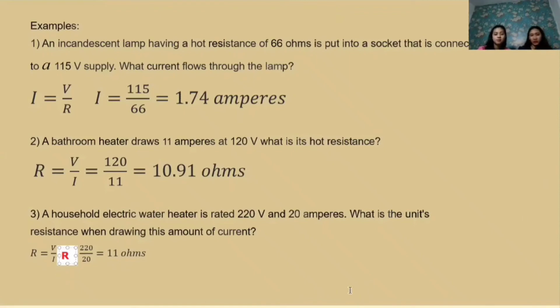So to get the resistance, you just divide the voltage, which is 220, by 20 amperes, or the current, and the resistance equals 11 ohms. That's all. I hope that will be clear.